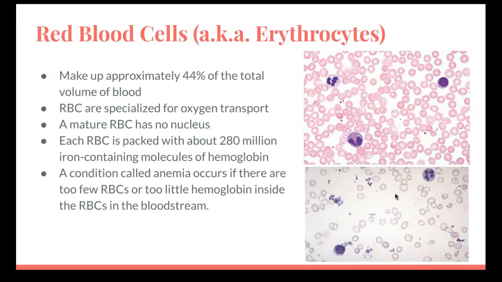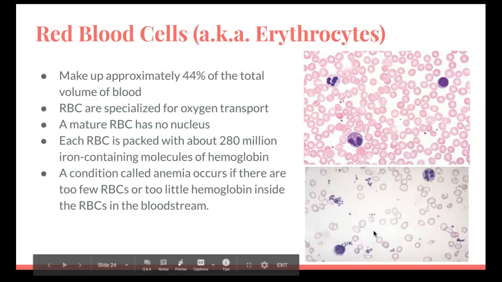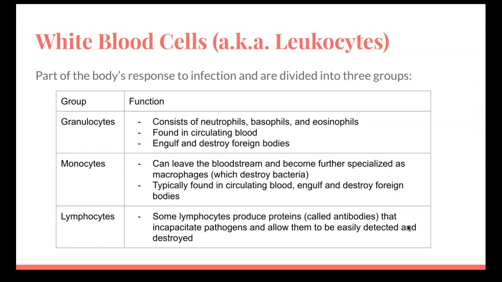So if they have less hemoglobin in their red blood cells, it won't stain as well underneath the microscope. Basically, anemia is you're getting way less oxygen to your cells. There's a couple different types. This would be iron deficient anemia. There's also something called sickle cell anemia, which has different shaped blood cells than what we normally have. So we'll talk about that later in chapter 8.